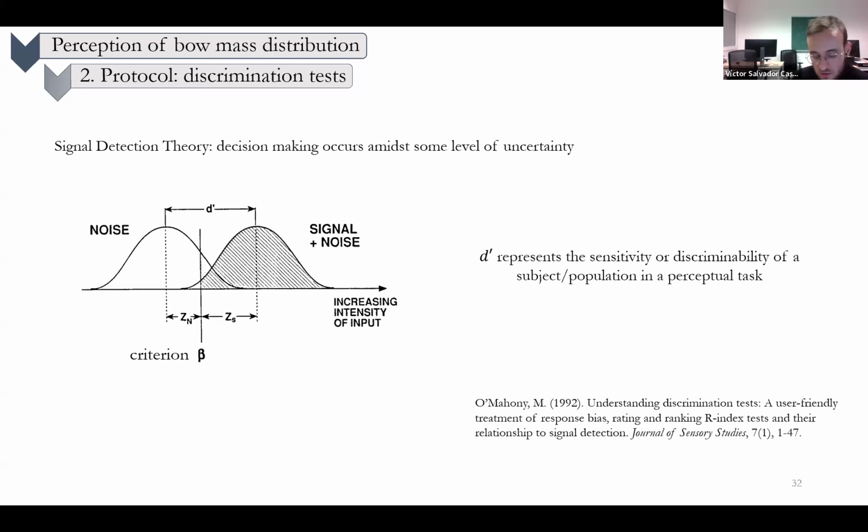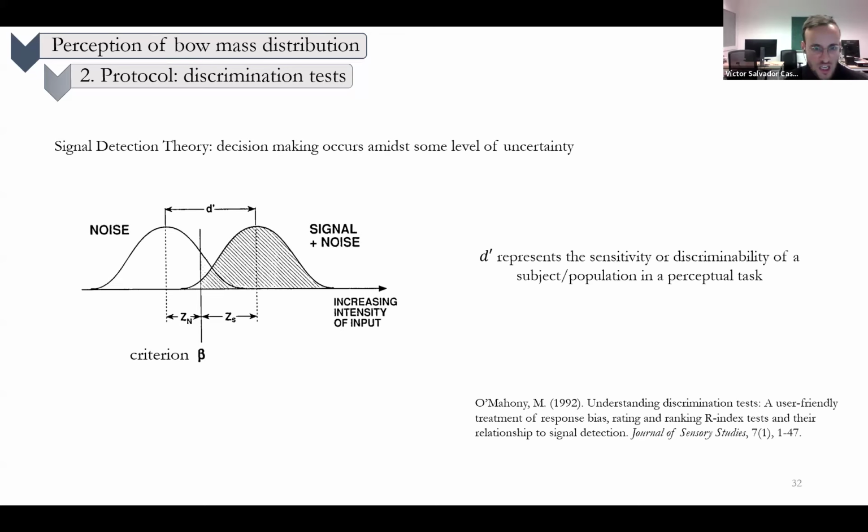So for example, if you have a signal that is just noise, and then another signal that is noise plus a specific sinusoidal signal, when we ask them if these signals are different or not, depending on in which point of this distribution they perceived the first and the second signal, they will say if they are different or not.